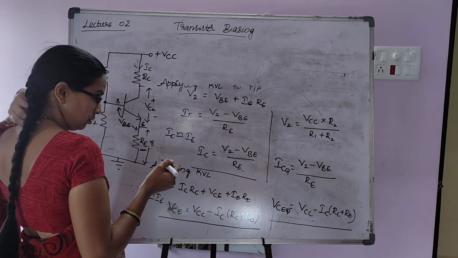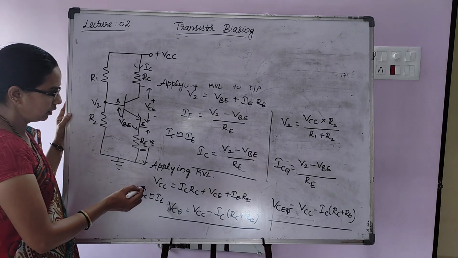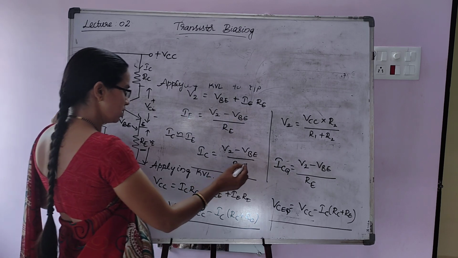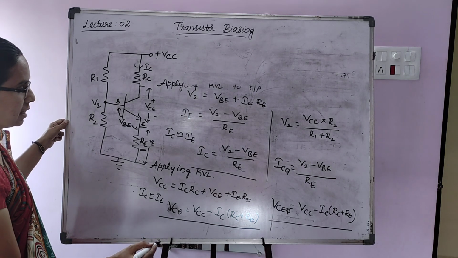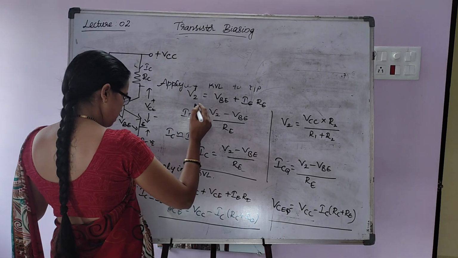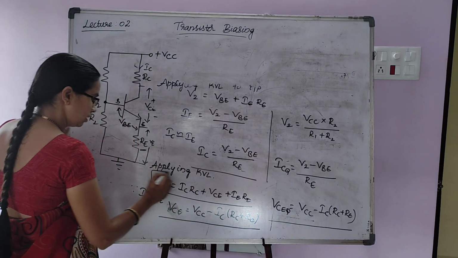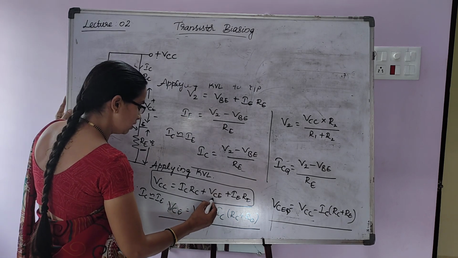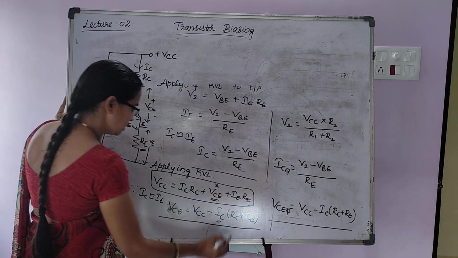That will be found out by this equation, where VCE is the x component and IC is the y component.